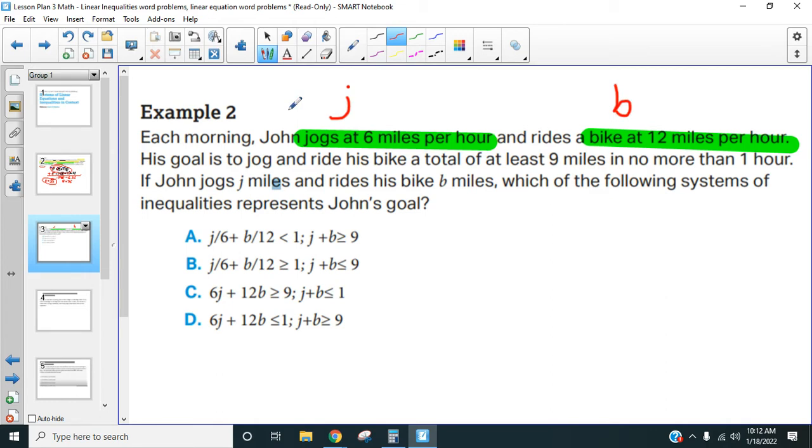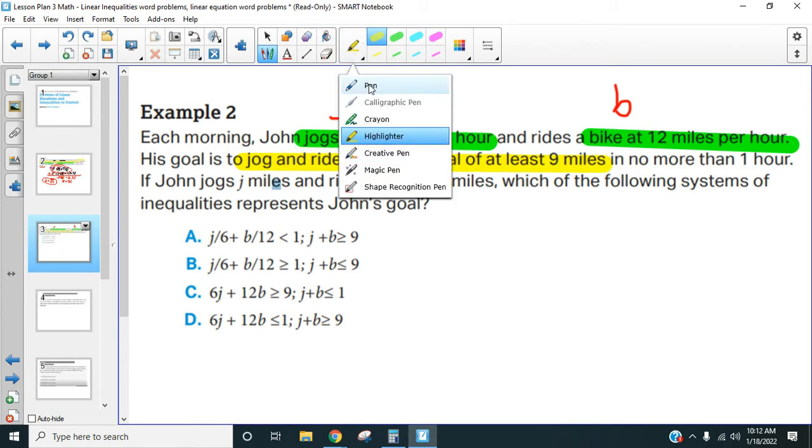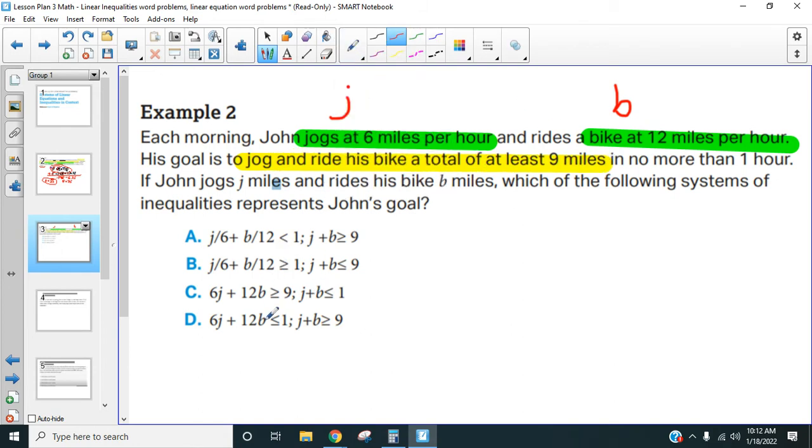His goal is to jog and ride his bike a total of at least 9 miles. This is another part that's important. At least 9 miles. So notice down here, the system is set up in the form of an inequality, right? The reason is that highlighted part there: jog and ride his bike a total of at least.